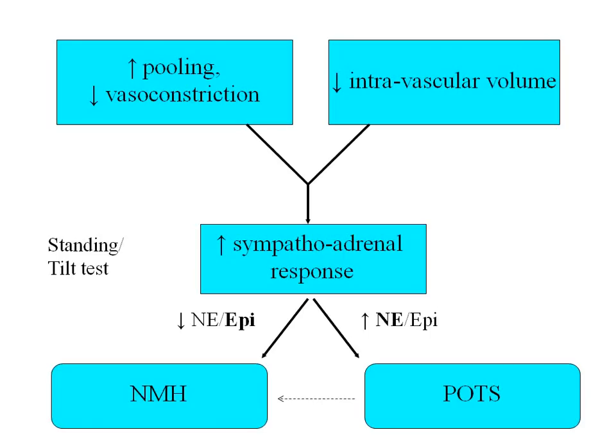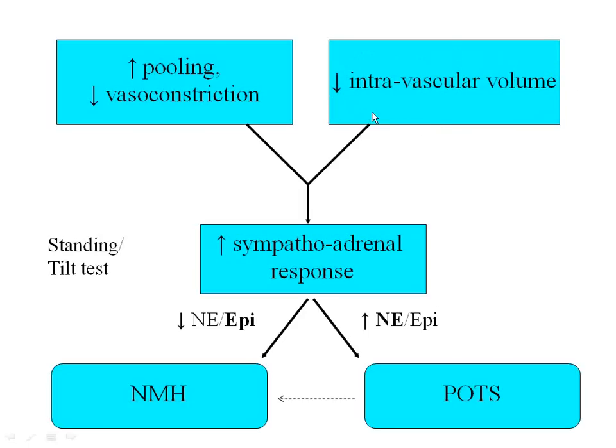They pool more blood in their limbs than does a healthy person. And they seem to have some defect in the ability to vasoconstrict, for the vessels to push that blood back up towards the heart. Many people also have a reduction in the amount of blood, including red blood cells and plasma, in their circulation.